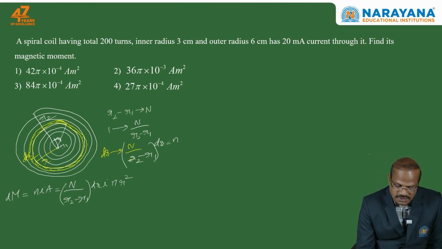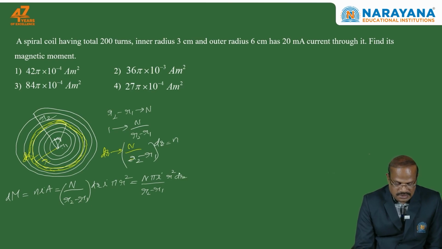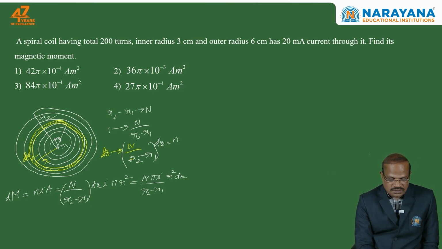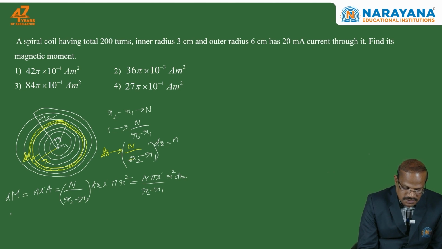Then it becomes N pi I by R2 minus R1 into r square dr.